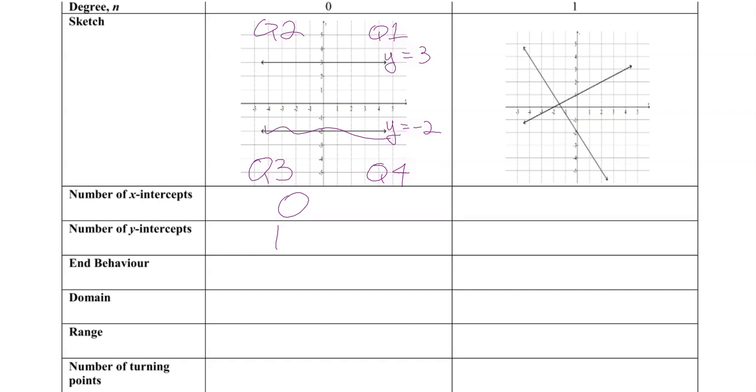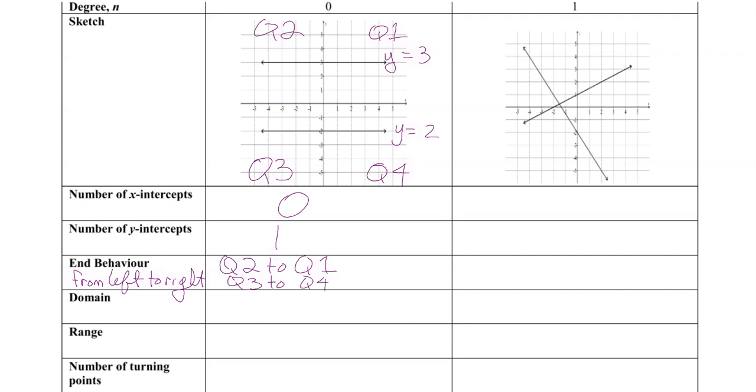So our end behavior, as we go from left to right, this line is going from quadrant 2 to quadrant 1. So Q2 to Q1, but this line is going from quadrant 3 to quadrant 4.